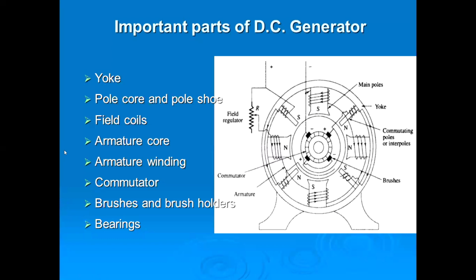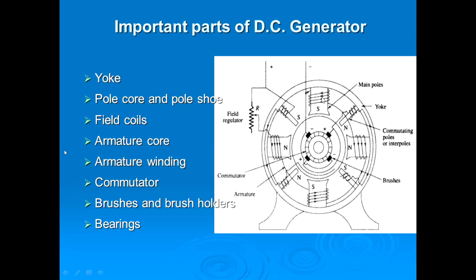So first I'm telling the parts, and afterwards I will tell the function of each and every part. This is the yoke, and next this is the pole. This is the pole core, and this is the pole shoe. This total one is the pole. This pole has two parts, the pole core and the shoe. Next, these windings are the pole windings.